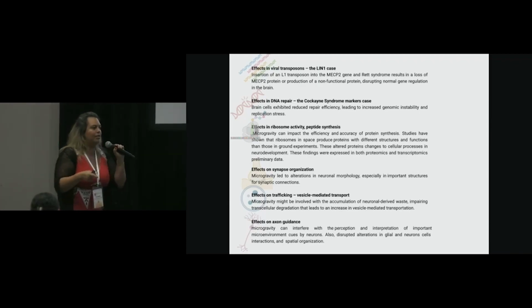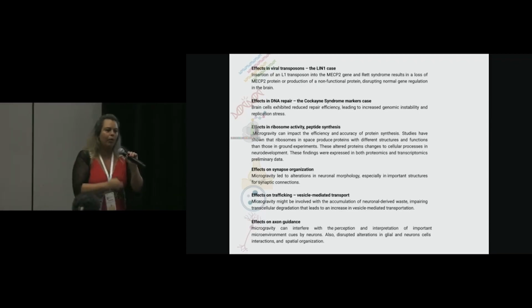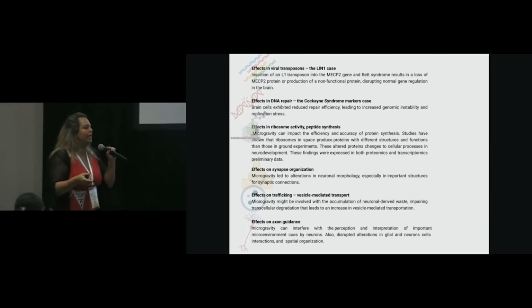Effects on synapse organization: microgravity leads to alterations in neuronal morphology, especially in structures important for synaptic connections. So we are trying to go deeper on this feature. Effects on trafficking, vesicle-mediated transport: it seems that microgravity might be involved with the accumulation of neuronal-derived waste, impairing transcellular degradation that leads to an increase in vesicle-mediated transportation.